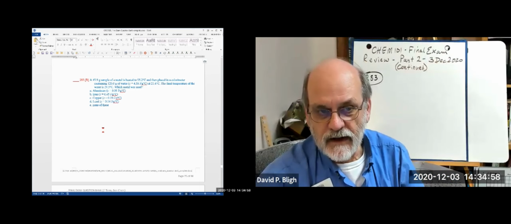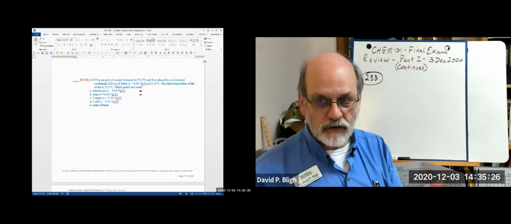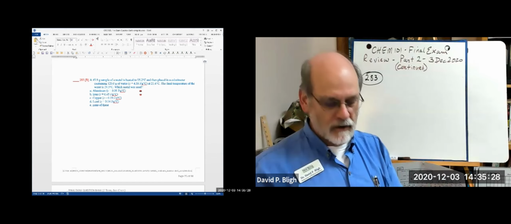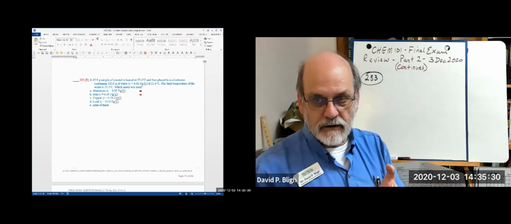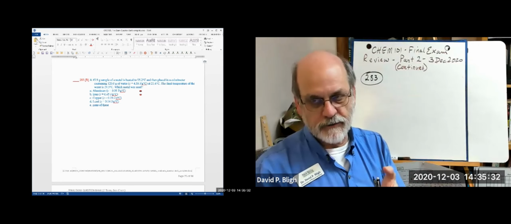All right, so what do we know about calorimetry? If we're using a calorimeter, then we know that we have an isolated system. It's not an open, it's not a closed, it's isolated. That means energy can't cross the barrier, matter can't cross the barrier.